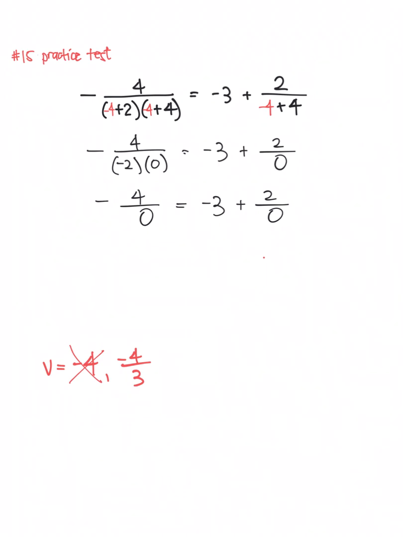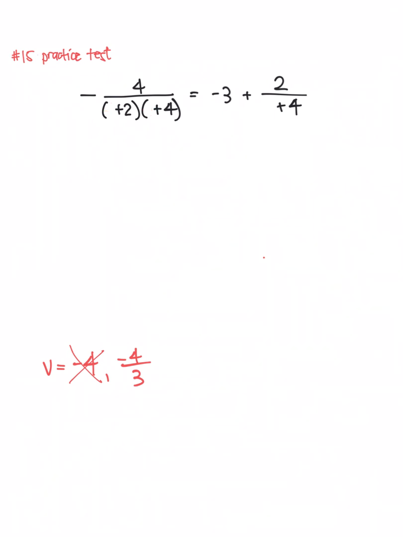So let's see if negative 4/3 is going to be a solution, or if we're going to have no solution. Let's substitute negative 4/3 for v, and let's go ahead and work that out.